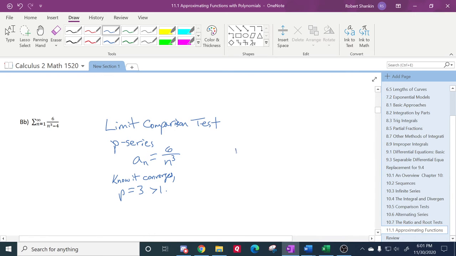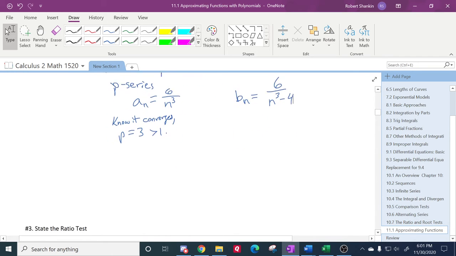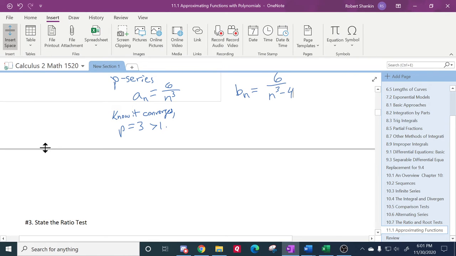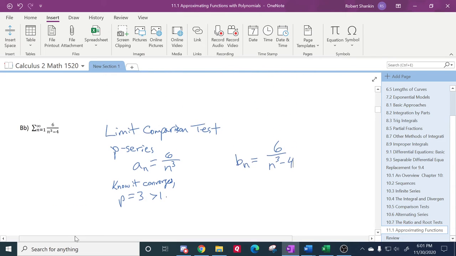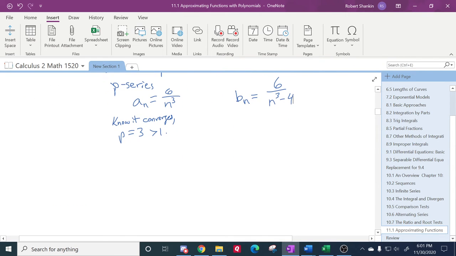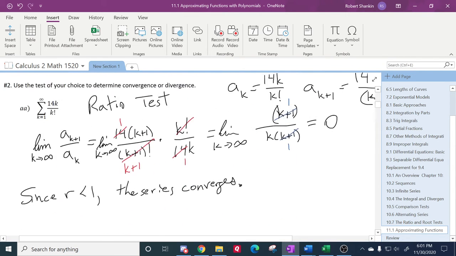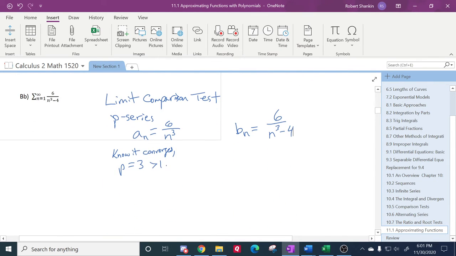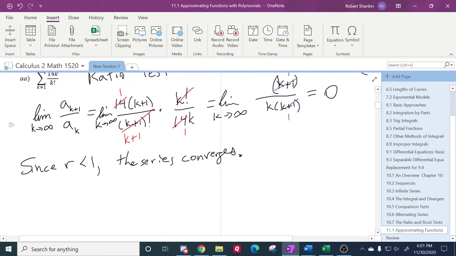And then b sub n is this one. And so what we do is, look how different this is. The ratio test is a sub k plus 1 over a sub k, and it's a limit of that as k goes to infinity.